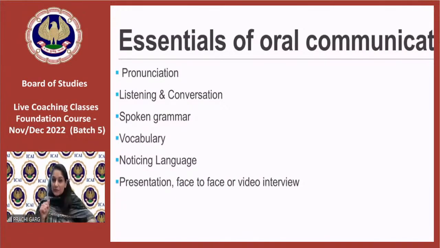Okay, so accent is basically when you pronounce a word in a certain way. There are certain words that are pronounced differently in American English and differently in British English. There's a slight difference in pronunciation, and that is how the accent totally changes, because you're pronouncing the words in a different way. Okay, clear?